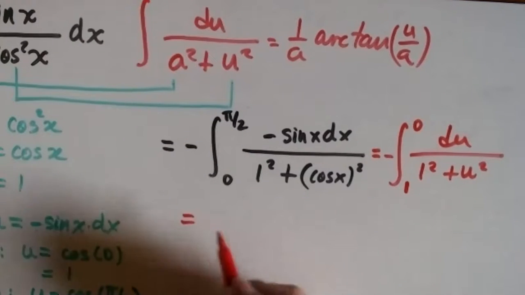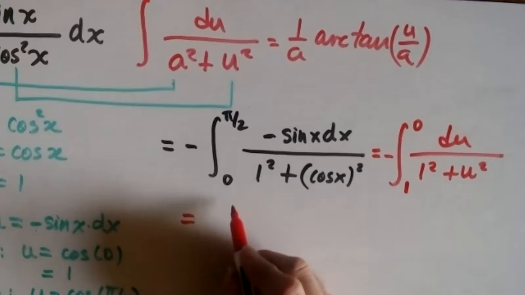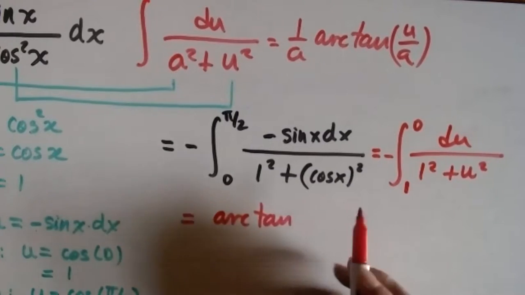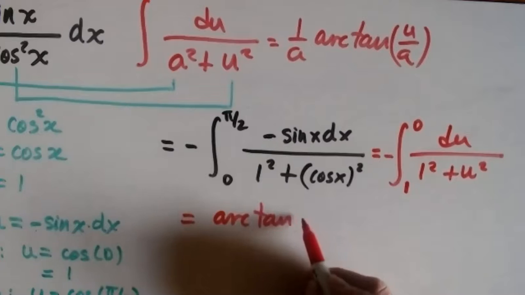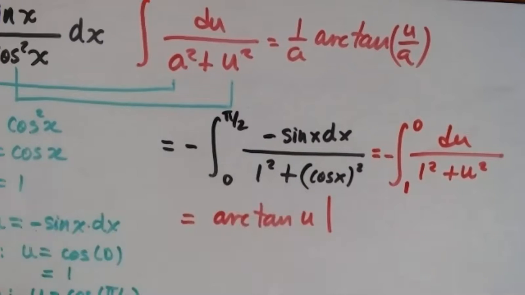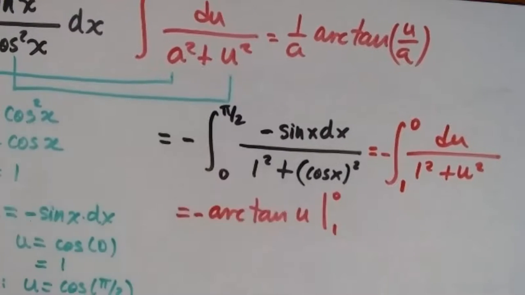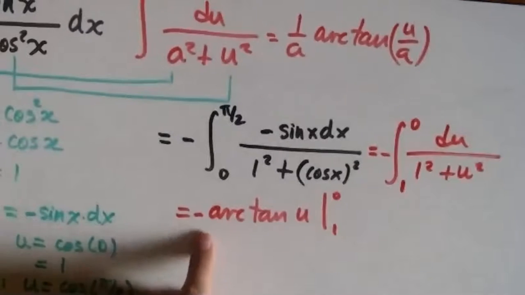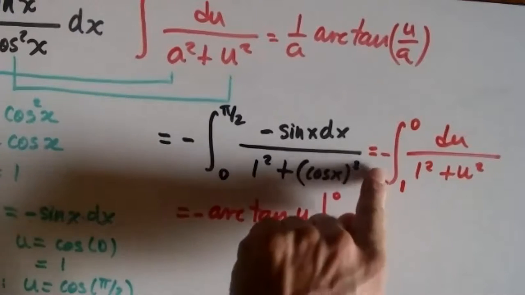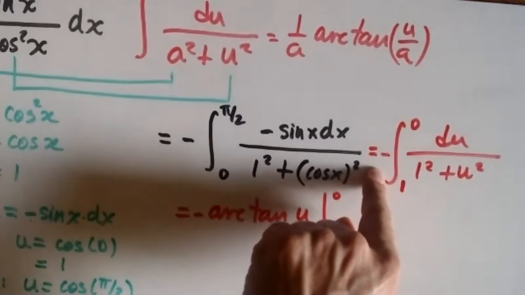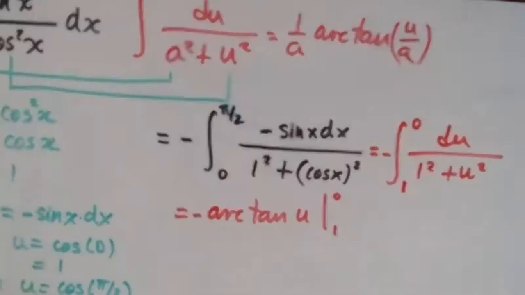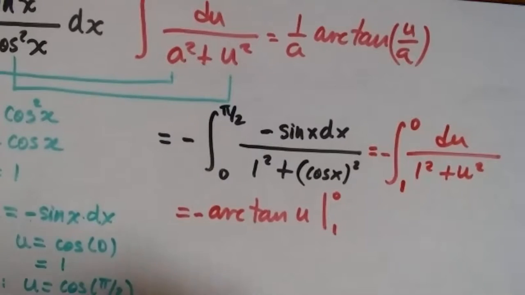Now I have 1 over a, well, 1 over 1, so it's 1, so it's the arc tangent of u over 1, evaluated negative from 1 through 0. Okay, you can do this, or you can flip the signs with this negative from 0 to 1. No problem, you're going to get the same answer.